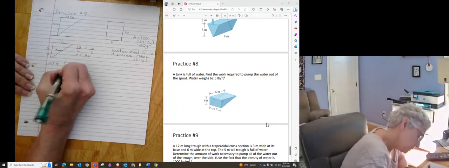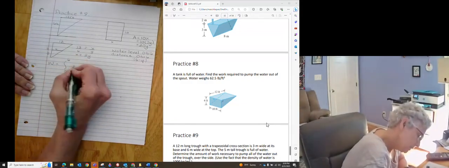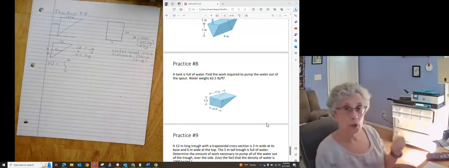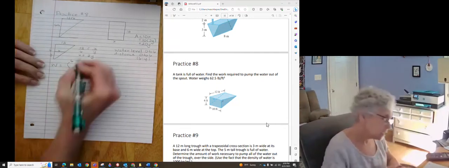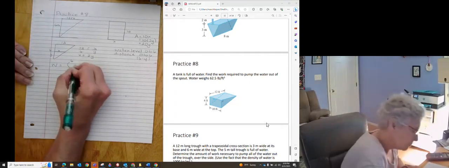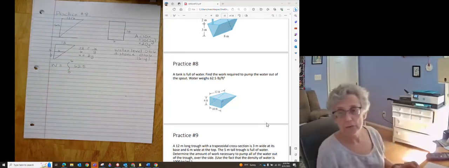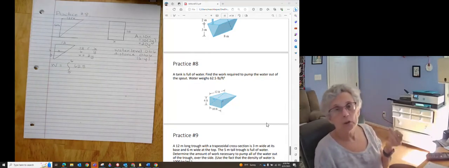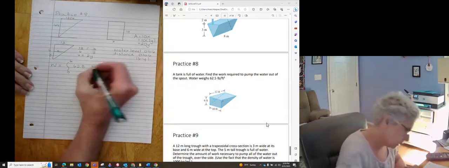So work is equal to the integral from 0 to 6, rho times g. Now remember, this is U.S. customary units, so the g is already embedded in the 62.5 pounds per cubic foot because pounds includes gravity.